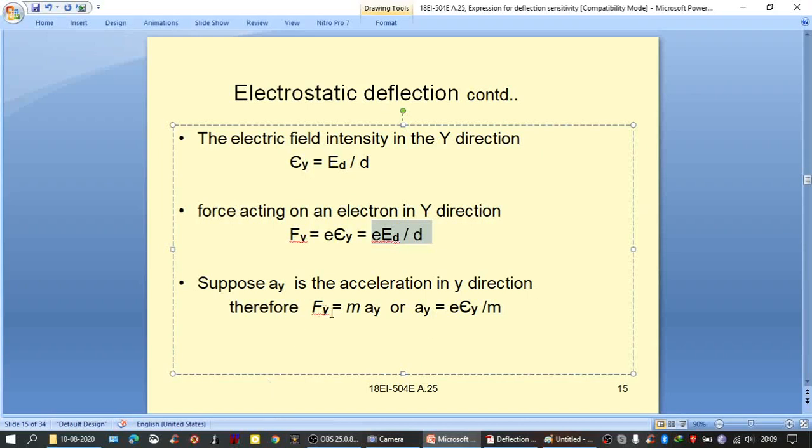So the force applied in the y direction can also be written as mass into Ay, mass of electron into Ay, or simply Ay can be written as E into Ey by m. That is this one, Ay is equal to Fy by m, or instead of Fy it can be written as E into Ey by m.